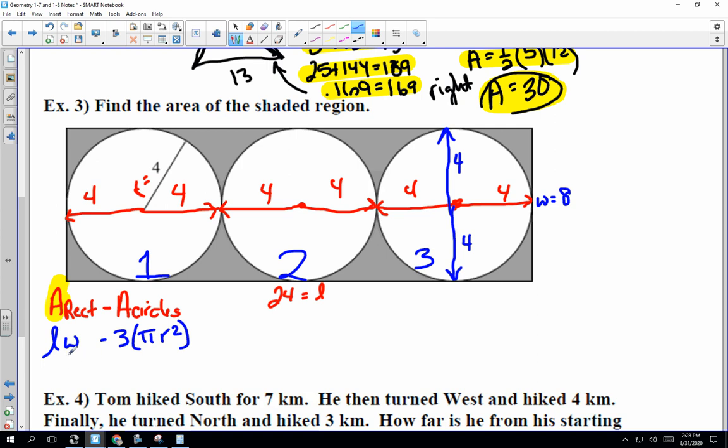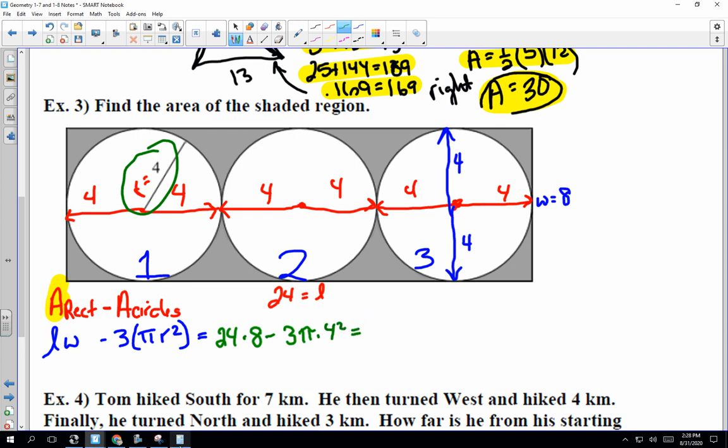Okay, so let's fill in those numbers. The length is 24. The width is 8. Minus 3 pi. The radius, again, back to the beginning, is 4. 4 squared.